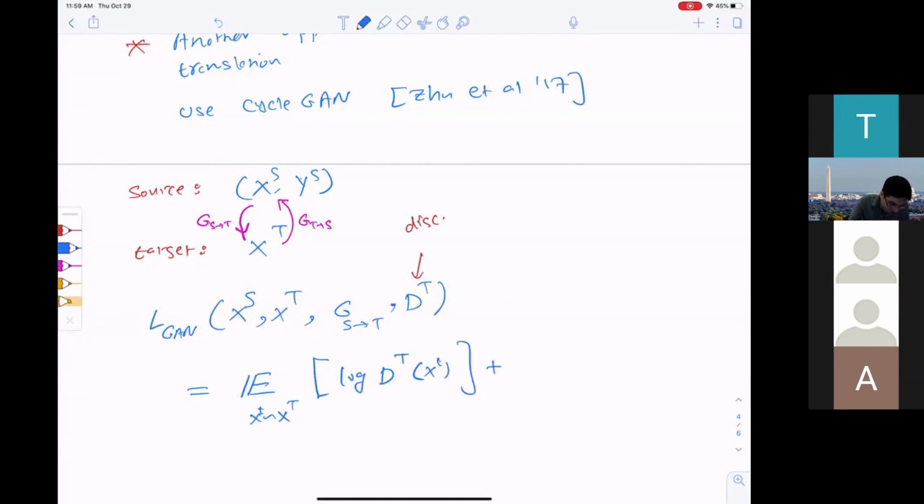And for source samples, I'll look into the log of 1 minus the probability computed by this discriminating function. But for the source, I'm going to apply that function, right? So the function that maps my source to the target.